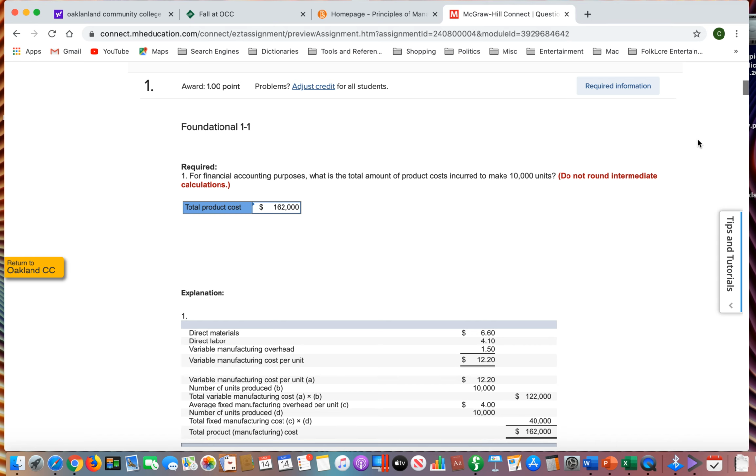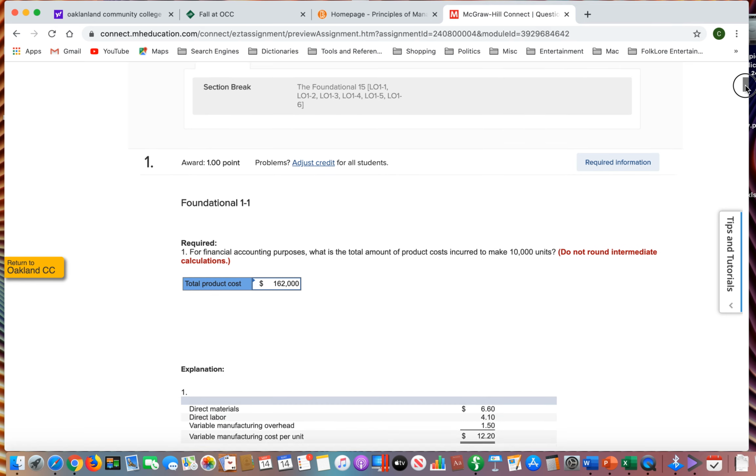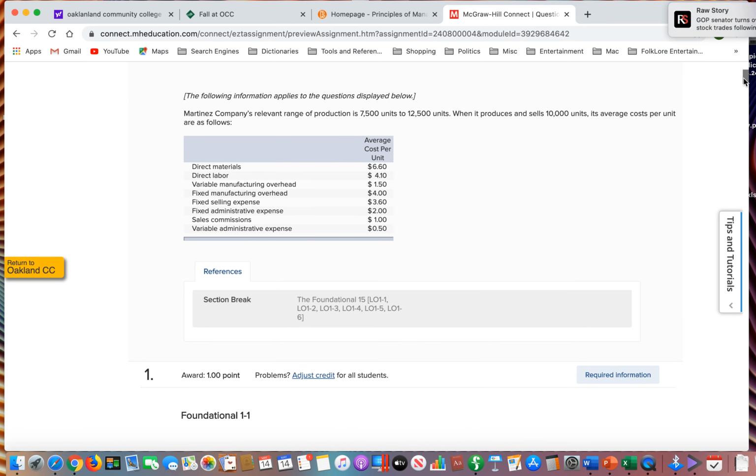Well, first of all, we have the direct material per unit, direct labor, that came from the information up there. And you might want to write this down actually, because you're going to be referring to it often.